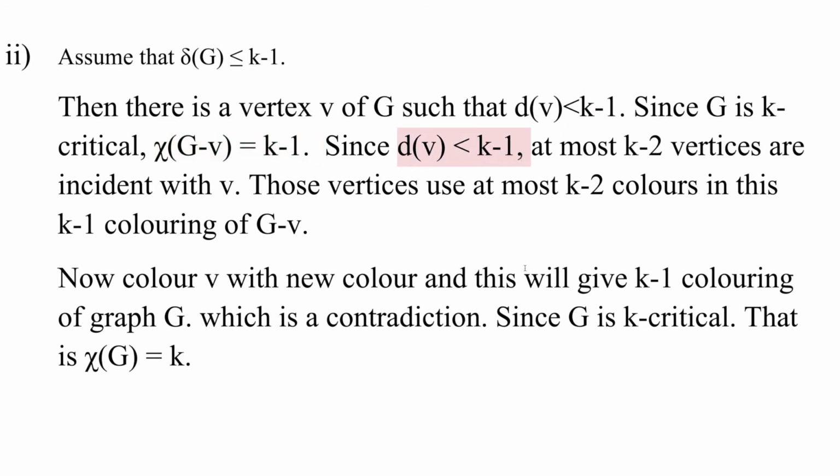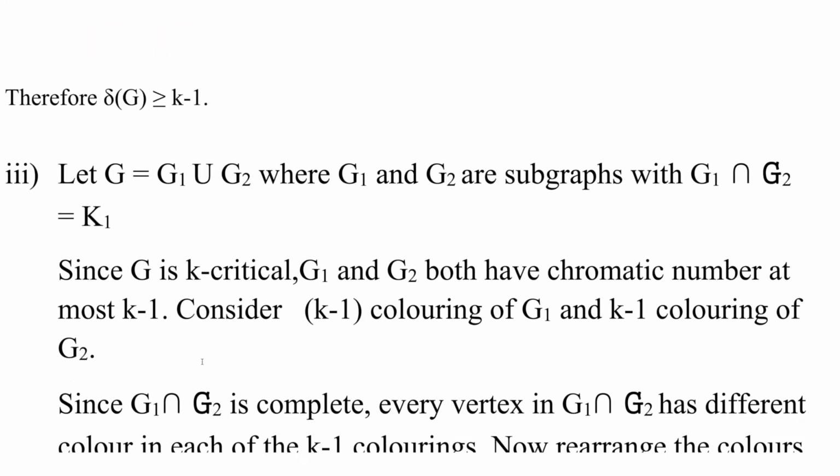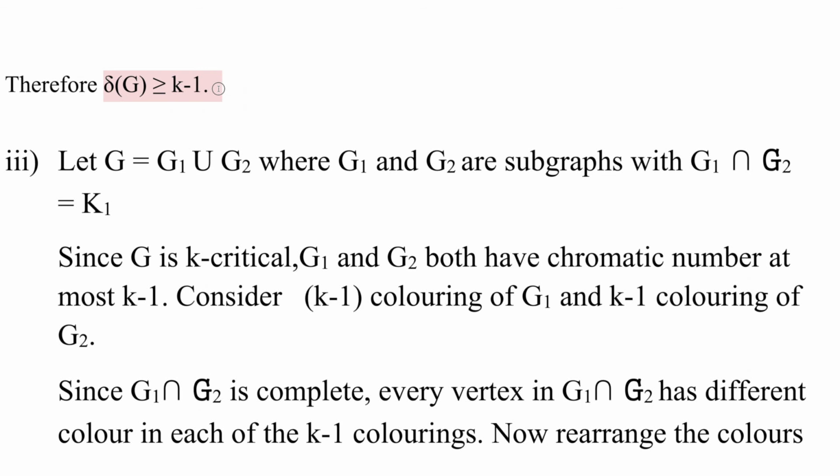Since d of V is less than k minus 1, at most k minus 2 vertices are adjacent to V. Those vertices use at most k minus 2 colors in this k minus 1 coloring of G minus V. Now, color V with a new color, and this will give a k minus 1 coloring of graph G, which is a contradiction since G is critical, that is chi of G is equal to k. Therefore, delta of G is greater than or equal to k minus 1.